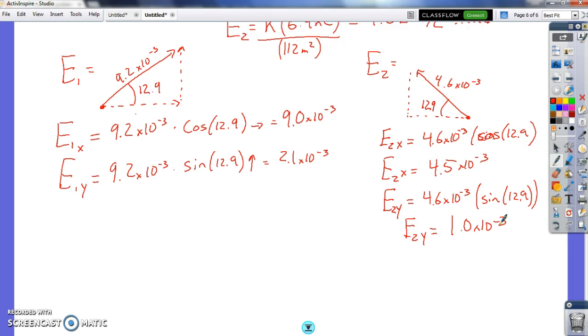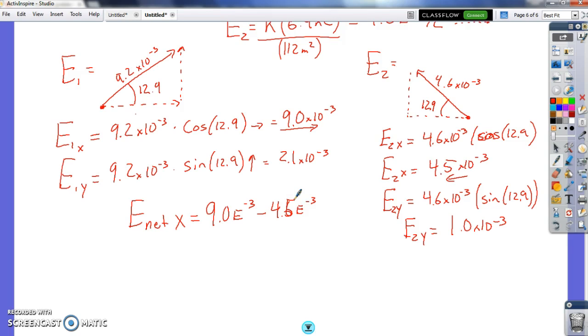We find our E to the x, and guess what? We've got two different directions here. Our E to the x in this one is going this way. Our E to the x in this one is going this way. And so what we have to do is we have to actually subtract those. So the E net in the x direction is equal to 9.0 e to the negative third minus 4.6 e to the negative third. Sorry, 4.5 e to the negative third.